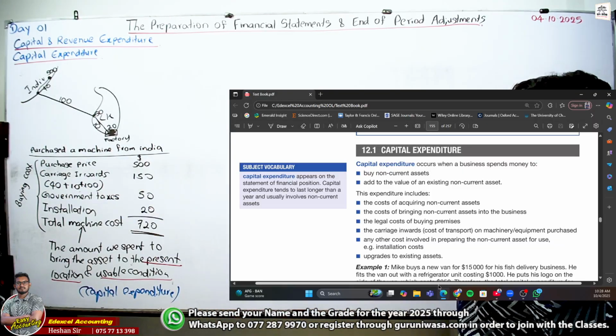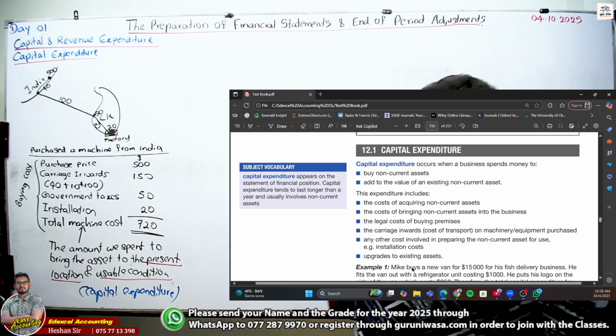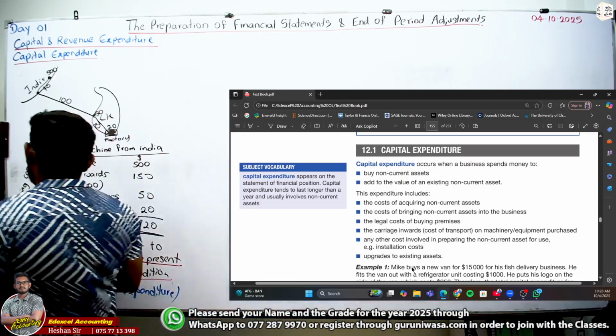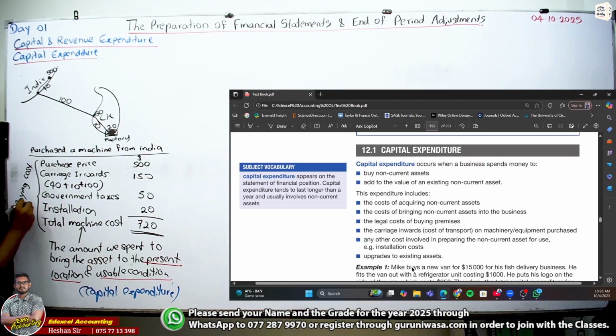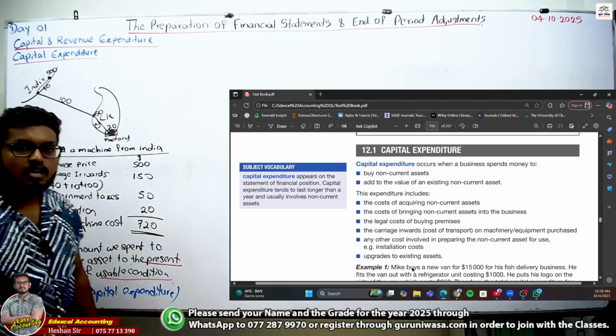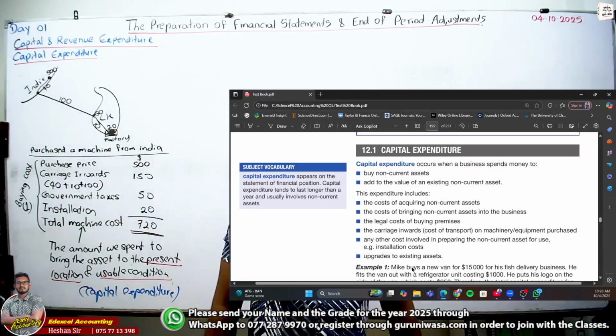And also there's another thing. Number one is the buying cost. These are not normal expenses, they are capital expenses.